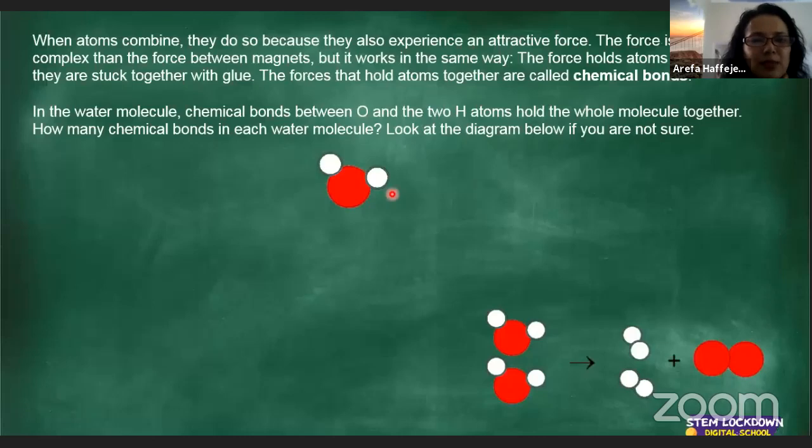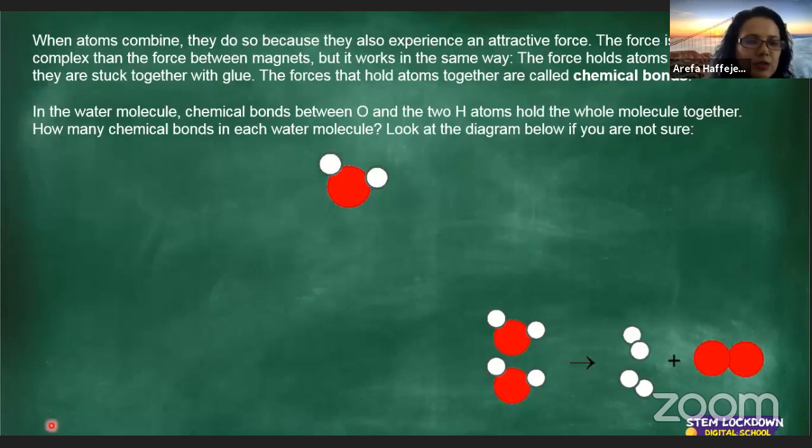Now we can ask, how many chemical bonds are there in each water molecule? If you look at this diagram, you would see that there is one oxygen atom and two hydrogen atoms, and this is how it forms your molecule together.